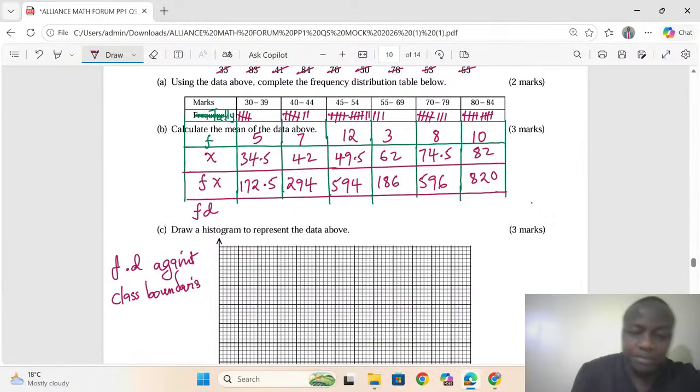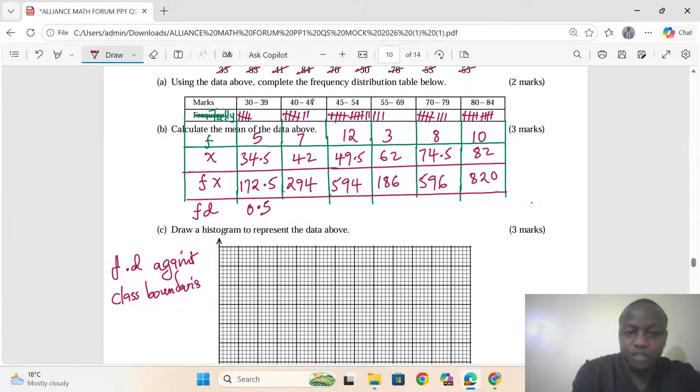5 divided by the width here, which is 39.5 minus 29.5, so the width here is 10. So 5 over 10, we get 0.5. The next should be 7 divided by the width, which is 5.